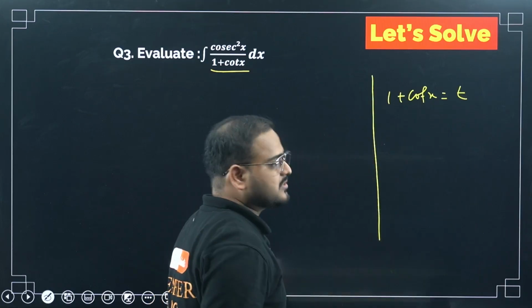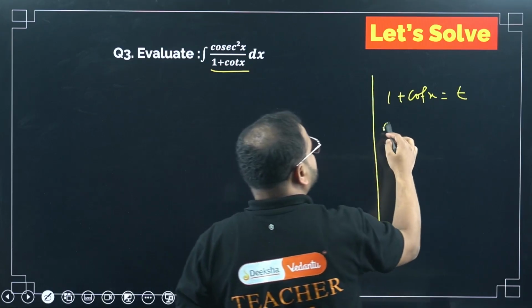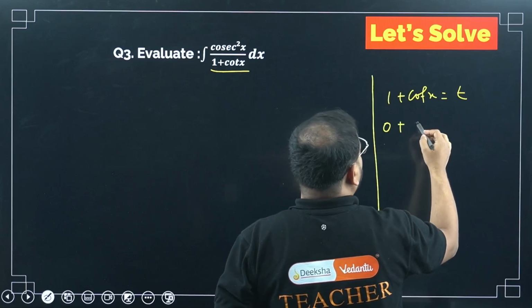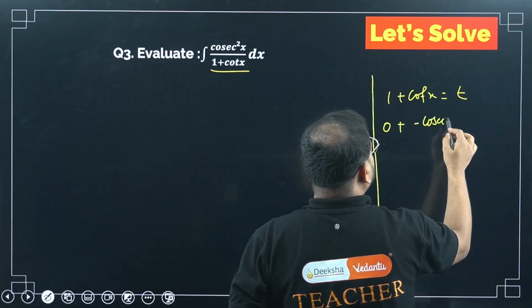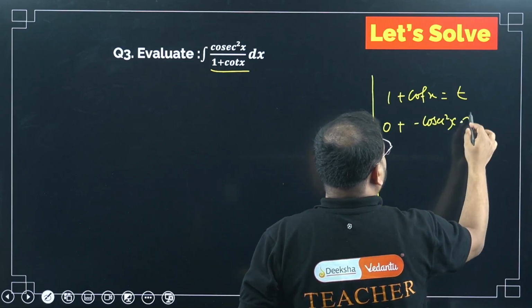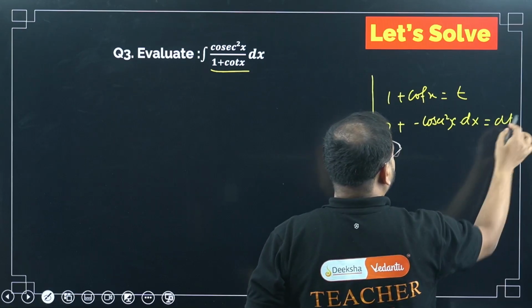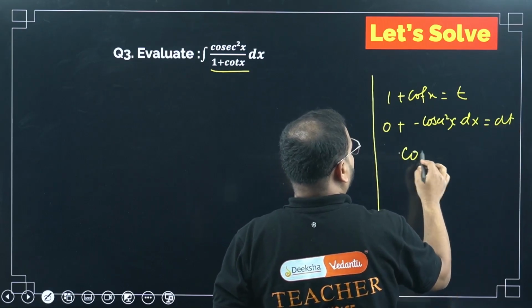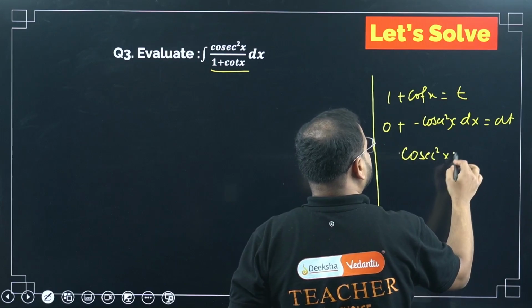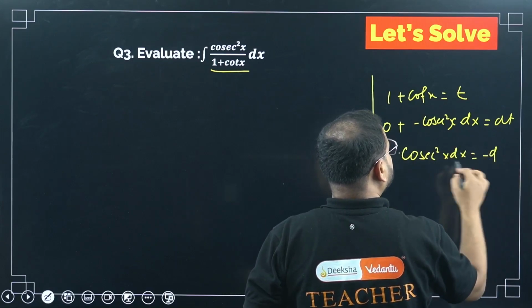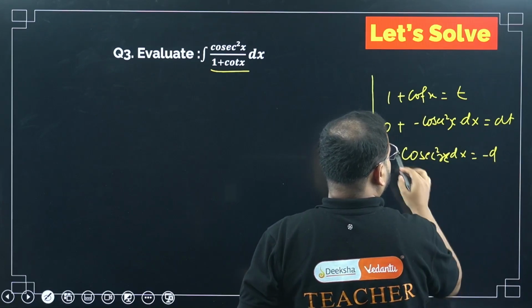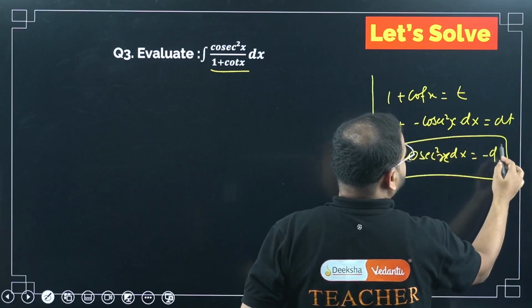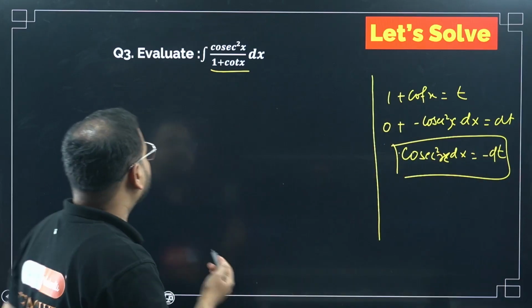Take the differentiation of this to find the dx value. 0 plus, what is this going to be? Minus cosec square x dx equals dt. So what is this going to be? Cosec square x dx will be minus dt. Yes, put it here.